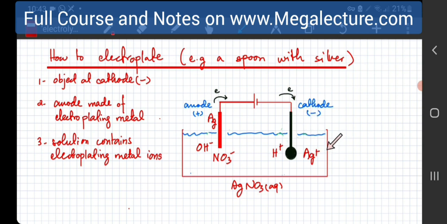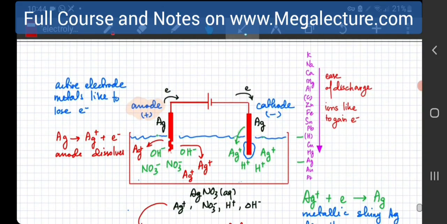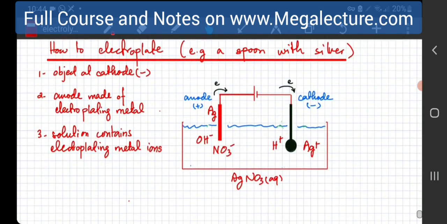Now, electrons would come in, so you've got 2 choices. Who's going to gain the electrons? Is it silver plus 1 or is it H plus 1? So we can have a look at the previous example. Silver is over here and H is over here. So it's obviously going to be silver, the one that's lower in the reactivity, that's going to end up gaining electrons. So let's go back to our example. The electrons would be gained by silver.